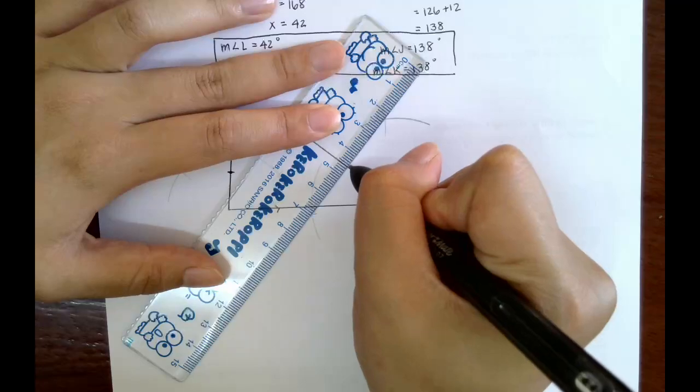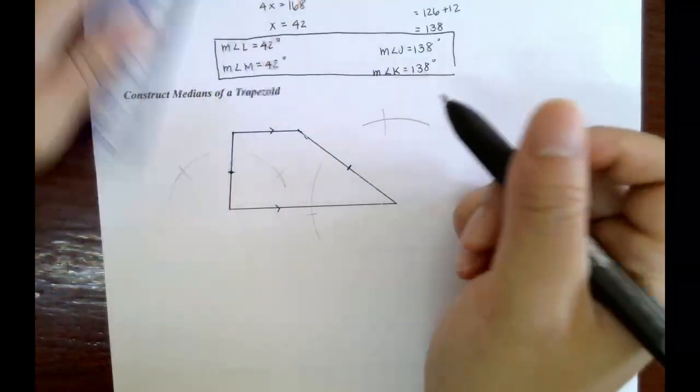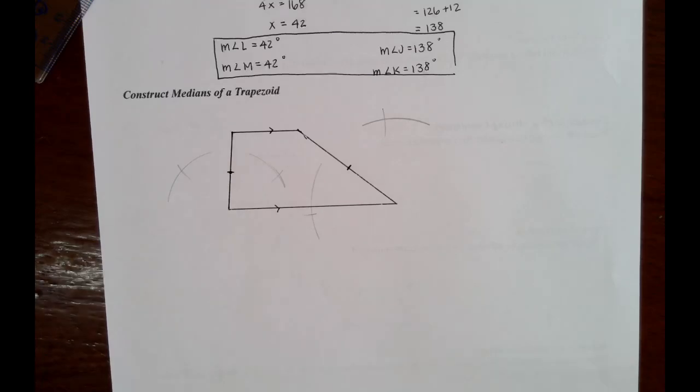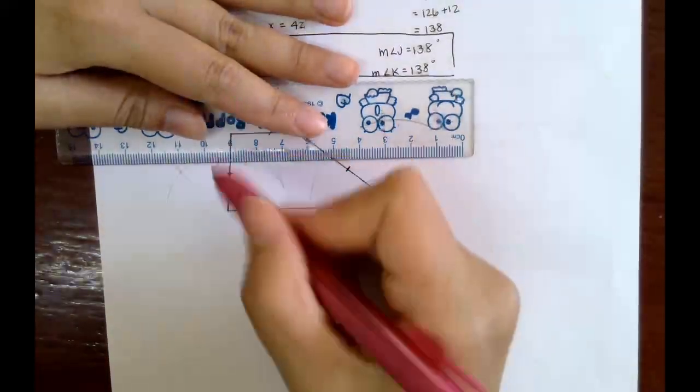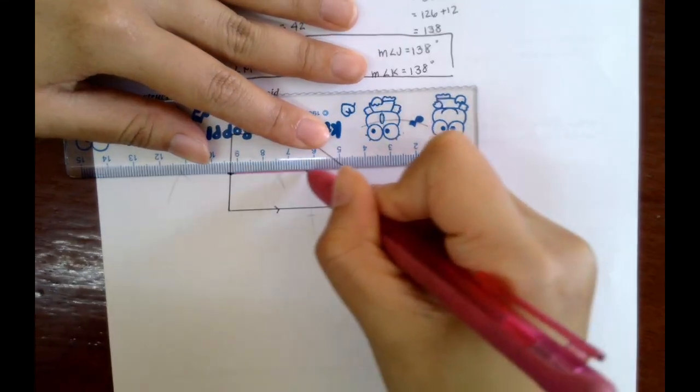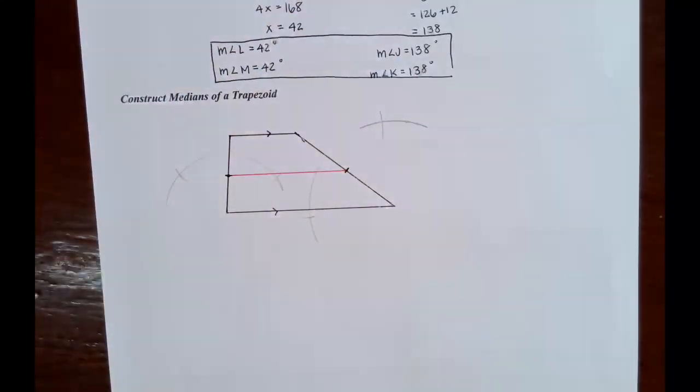So this is the midpoint here for that. And then the median is midpoint to midpoint. So if this is the middle here, and this is the middle here, this is the median. There you go.